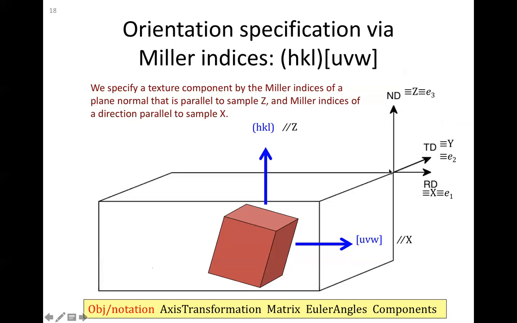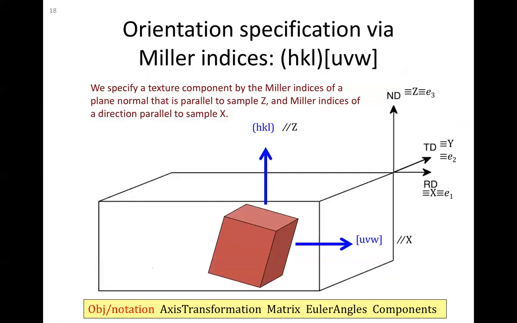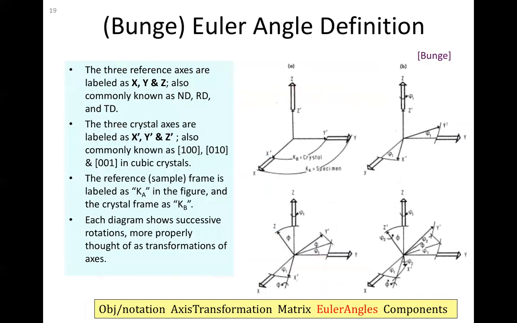This comes from the problem of rolling steel and aluminum sheet that a lot of these techniques were developed for. Miller indices are super convenient for discussing and understanding what's going on physically. They're not so easy to work with mathematically.